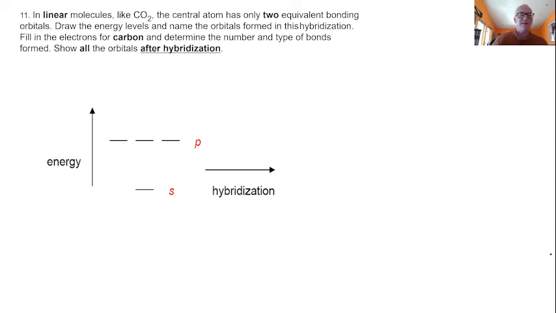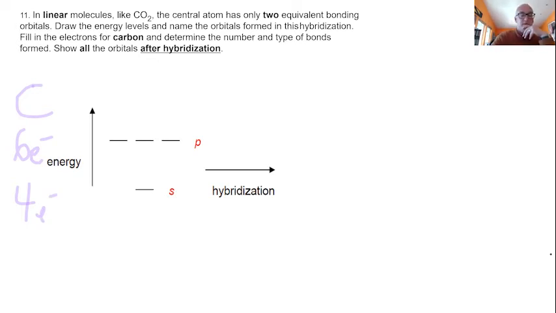So let's look at before hybridization. How many electrons does carbon have? 6. Right? So carbon has 6 electrons. How many valence electrons does it have? 4. Right? Because 2 are in the 1s, and they're not going anywhere. So we have 4 electrons.